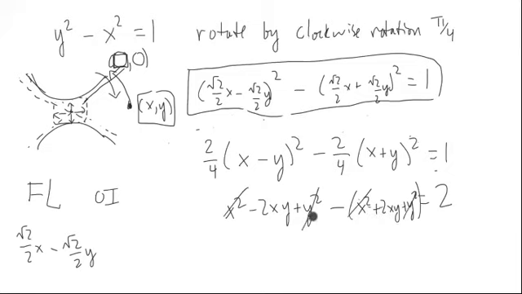That's kind of nice. And we have a minus 2xy and a minus 2xy. That's going to be a minus 4xy, right, is equal to 2, which would end up being xy is equal to -1/2. Or in other words, y is equal to -1 over 2x.